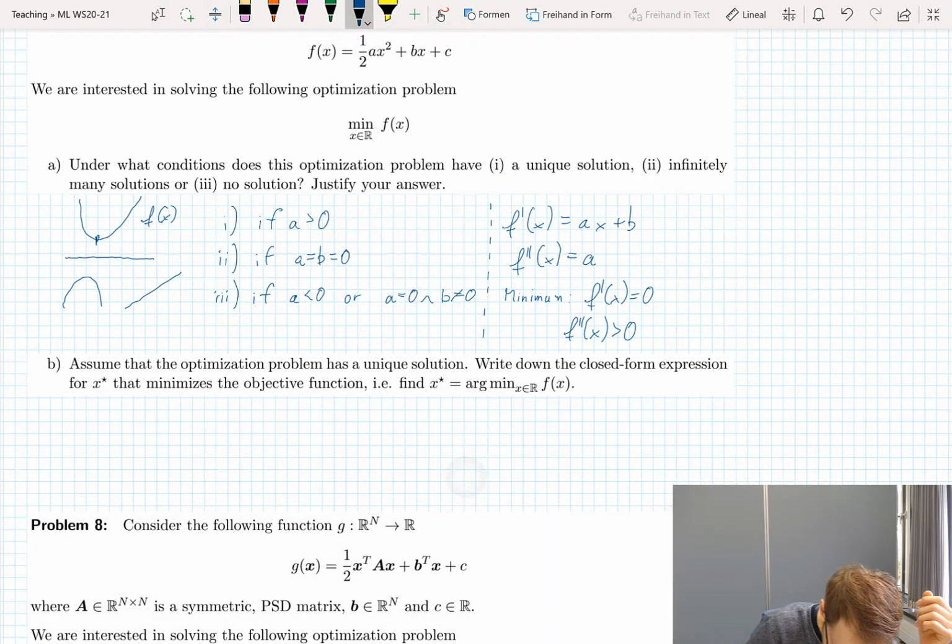Okay, so we know that f prime of x star, so at the minimum, equals 0, equals a times x star plus b. This is equivalent to x star equals minus b divided by a.